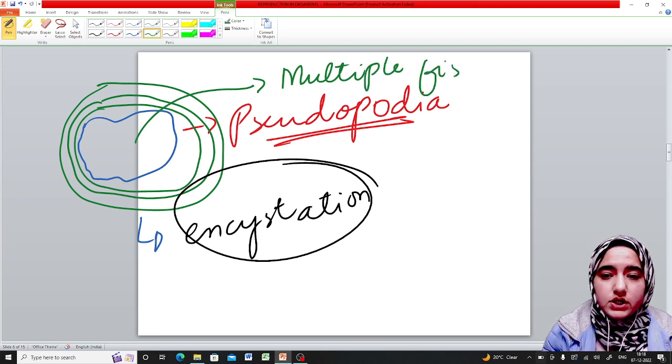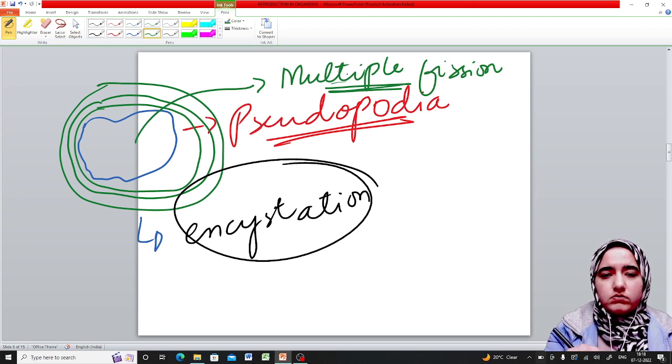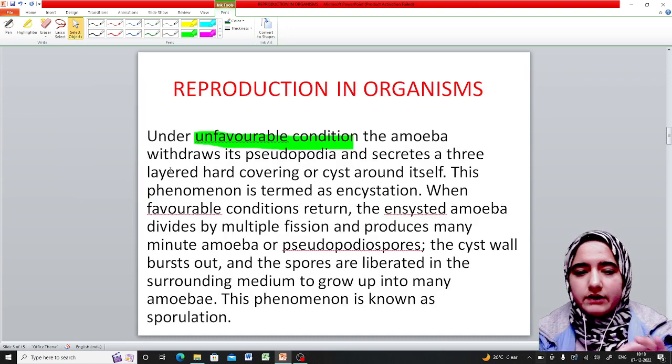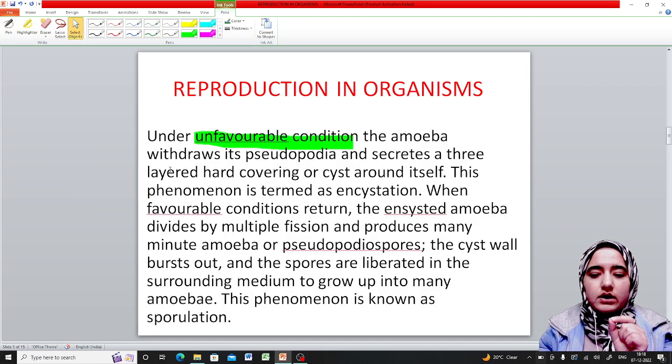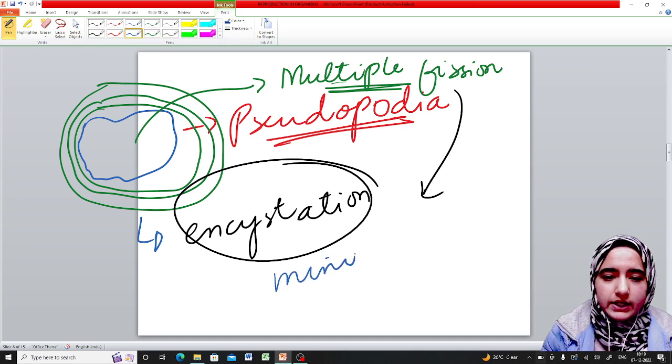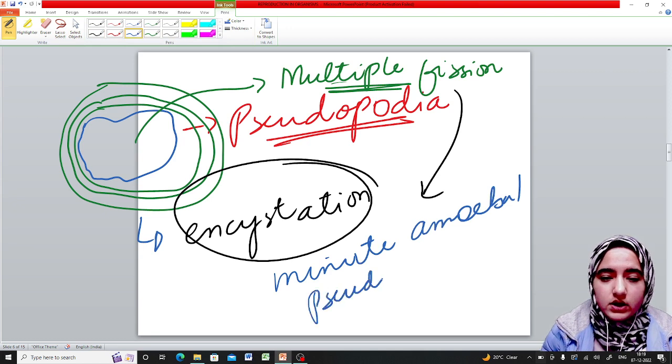Inside this cyst, amoeba doesn't undergo binary fission, it undergoes multiple fission. Multiple means many times. It starts breaking into so many pieces, that we call multiple fission. So many divisions take place inside it. Not only 2 offspring would be produced, we will get so many offspring. After multiple fission, it results in minute amoeba or pseudopodiospores.